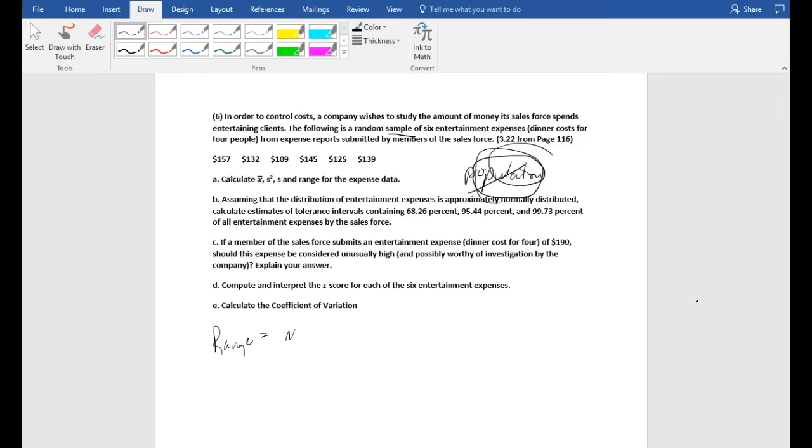So range is just going to be the max minus the min, and that's going to be 157 minus 109, and that is equal to 48, I believe. Everything else, let's just do in Excel.